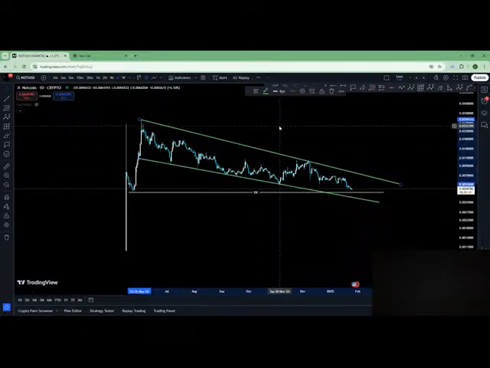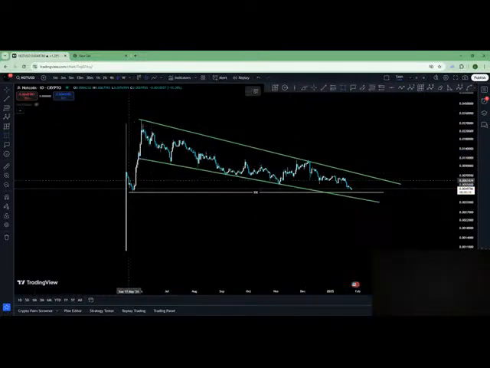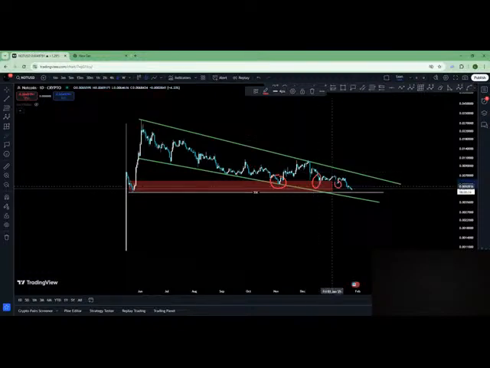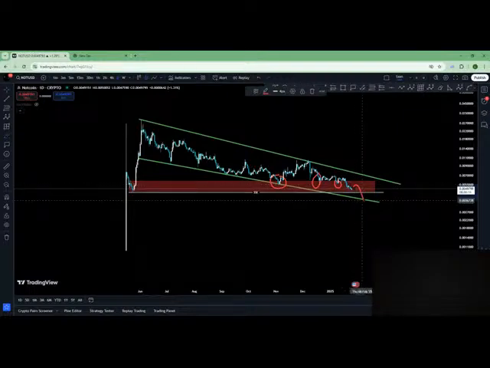You can see the market has mitigated several times. First time, second time, third time, the fourth. In the fourth attempt you can see a small upward move, and the fifth attempt will be a breakdown.